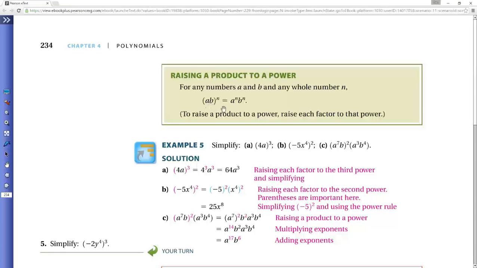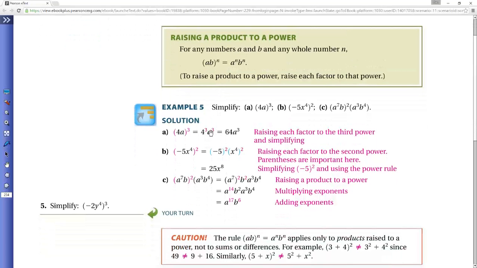Then I can change the order with the commutative property and group them differently with the associative property, and I'm going to end up with a to the n power, b to the n power. It's kind of like distributing the exponent over the factors of the product in this case.